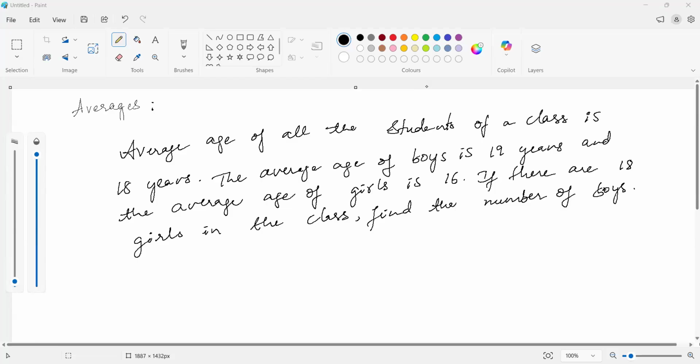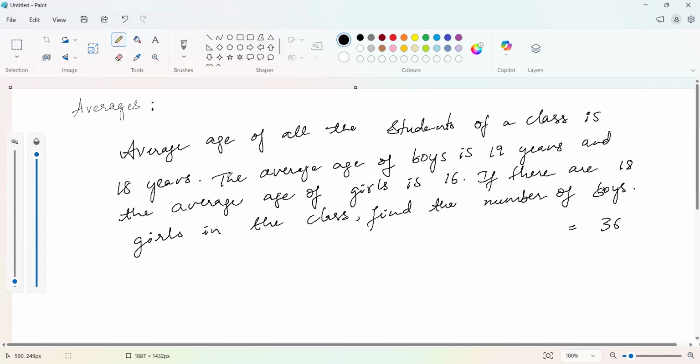Correct. Yes. So the average age of all students is 18 years.